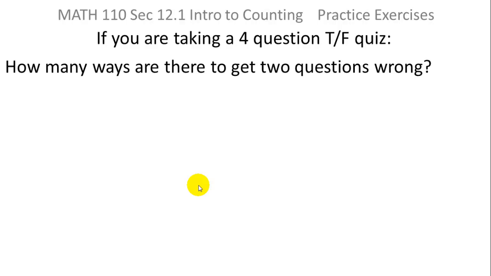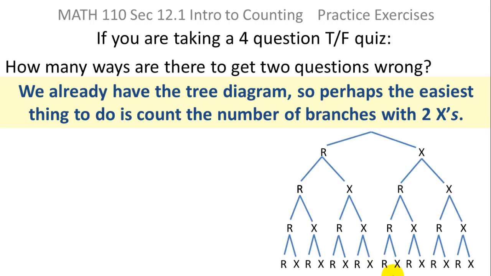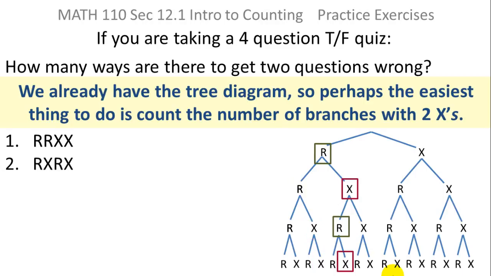Next question. How many ways are there to get 2 questions wrong? Well, if you go back to the analogy to what I just said a minute ago, if I drew a tree diagram and looked for branches that had exactly 1 x, now I'd be looking for a branch that has 2 x's. So you simply scan through there and look for branches that have 2 x's. The first one I see is where you get the first 2 right but miss the last 2. So that's RRXX. If you scan through there, moving left to right, the next one you see that has 2 x's is RXRX.